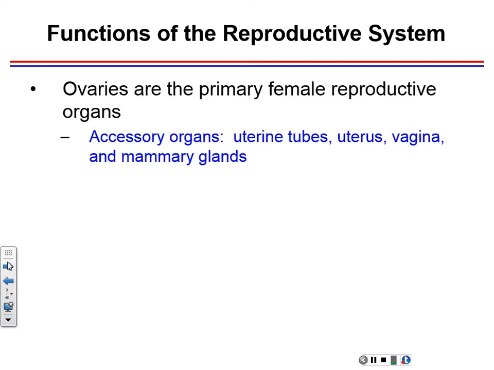All right. So the ovaries are primary, and they produce the oogonia, which eventually becomes the egg cell. Ovaries don't produce the oocyte? The oocyte is a stage in the development of the oogonia, because they start off as oogonia.